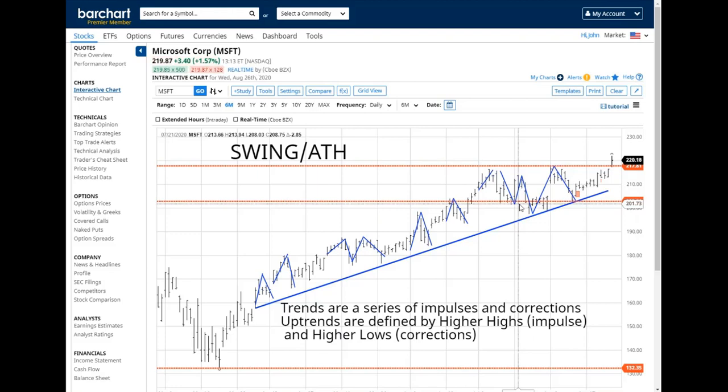If we look at our 6-month trend here, our market is in a classic uptrend. If you looked up uptrend in a dictionary, this would be the picture, where we continue to make a higher high on an impulse and a higher low on a correction. Higher high, higher low, higher high, higher low.